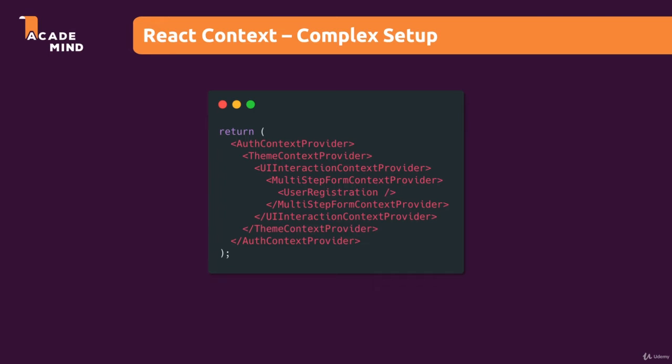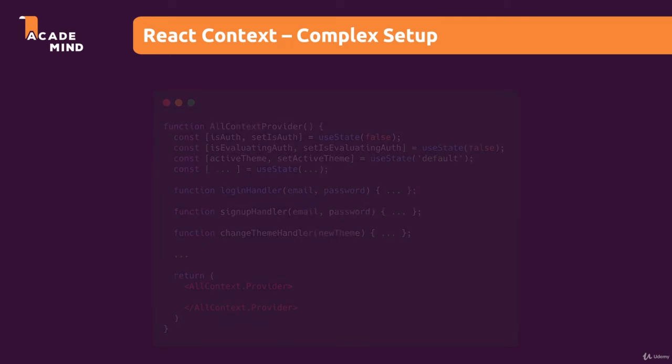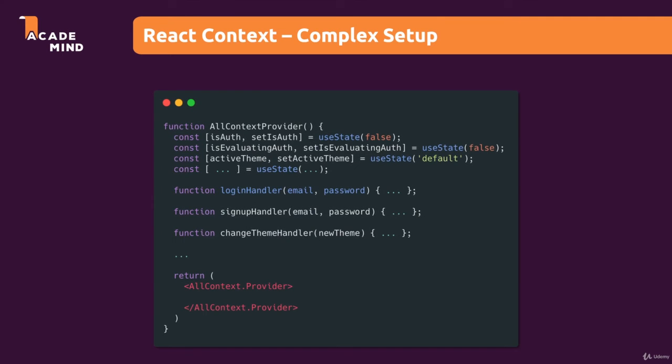Of course, you don't need to build a lot of different context providers though. You could just use one big context and one context provider component for managing the entire state and all the different kinds of state of your application. But that could lead to a large context provider component, which manages a lot of different things and therefore itself becomes quite difficult to maintain and manage, because it's doing a lot of things.